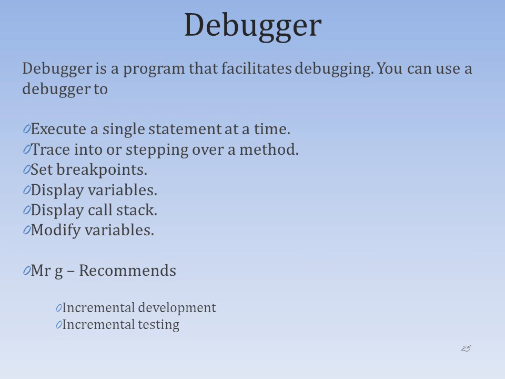If you do that, each time you compile and test and clean up that code, you're getting a smaller and smaller error surface. If you write a 1,000-line program and never test it until you're all done writing the 1,000 lines, you're going to be scratching your head for quite a while. So my recommendation is incremental development, incremental testing.